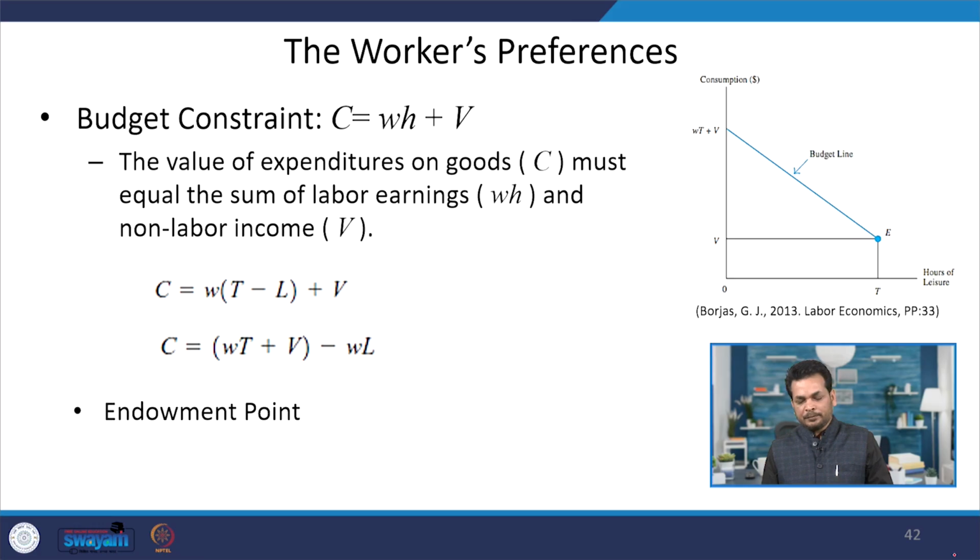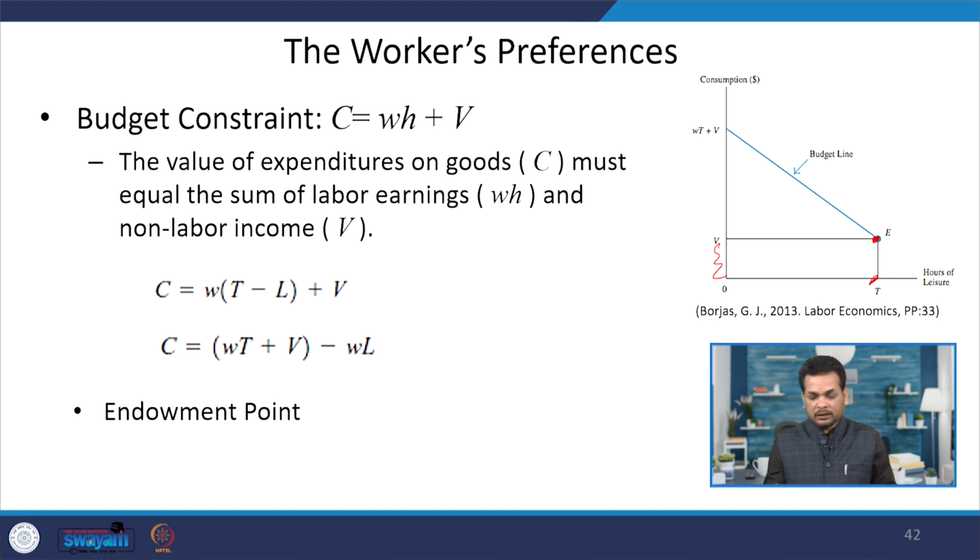So, as you can see in the graph, if the worker is not going to work, he can consume a certain amount of goods and services from his non-labor income, and he enjoys all the time available to him as leisure.